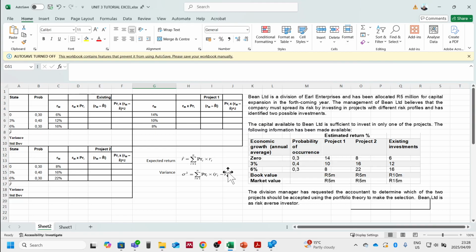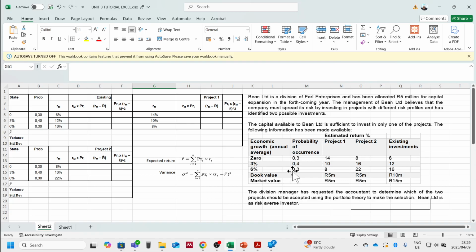But for this one, we cannot calculate the CV because we are just diversifying. We already have multiple existing investments, and we are trying to decide between project one and project two, which project we take that will boost our investment by diversifying and reducing the risk within our portfolio.